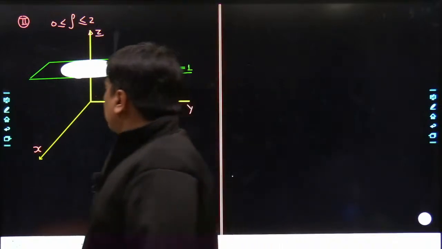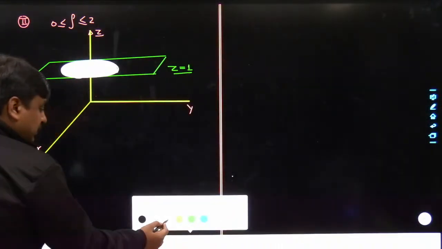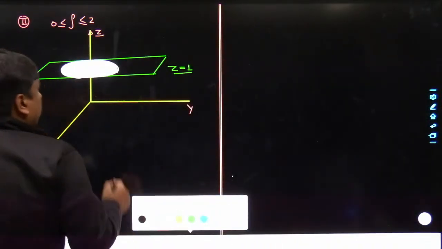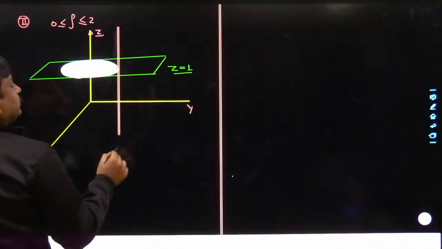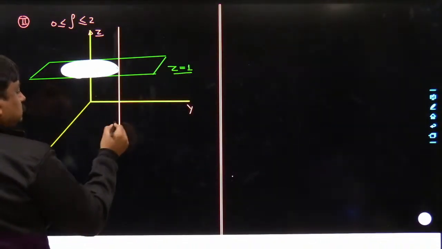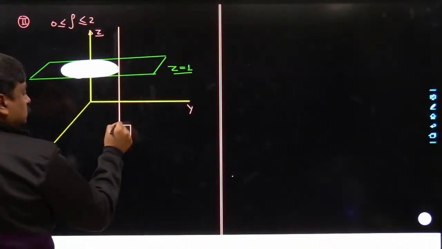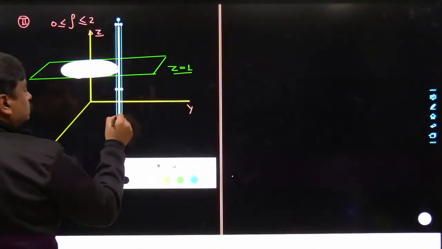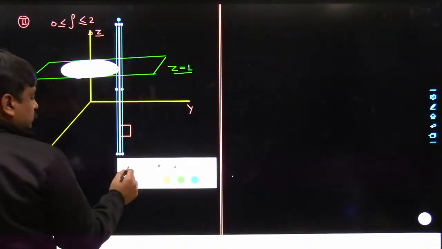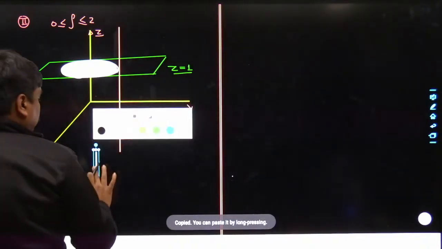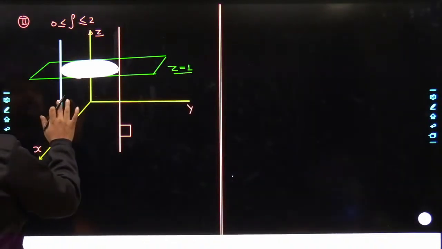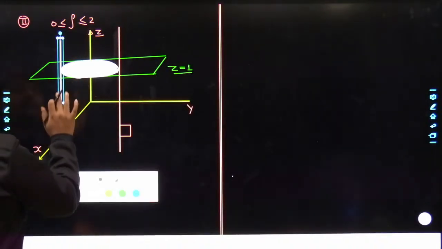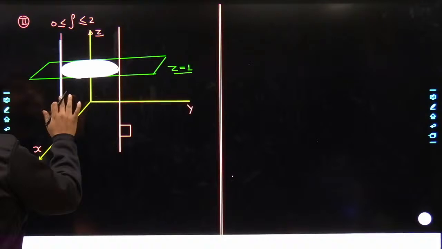If you want, we can draw over here. It would make a dense cylinder like this.